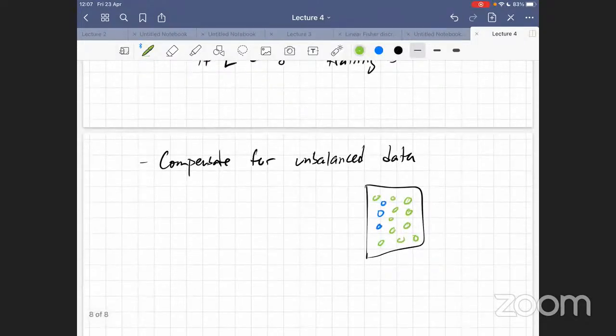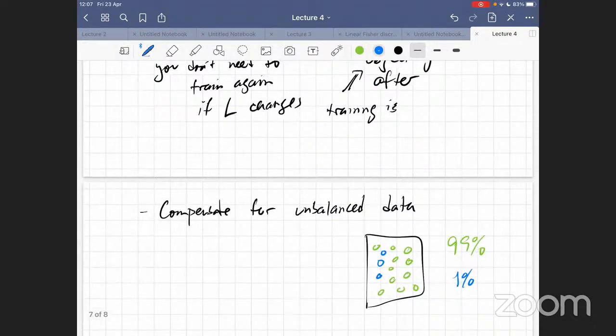Imagine that this is 99% of all the points, and this is only 1% of all the points. Then if you build a dumb classifier that's saying that everyone is red, everyone is green, then you may have the impression that your classification is 99% accurate, right? But it is not, because it has completely lost the blue points, right?